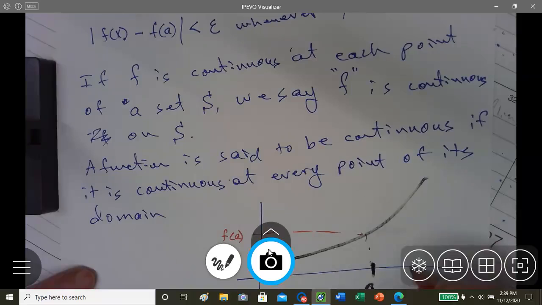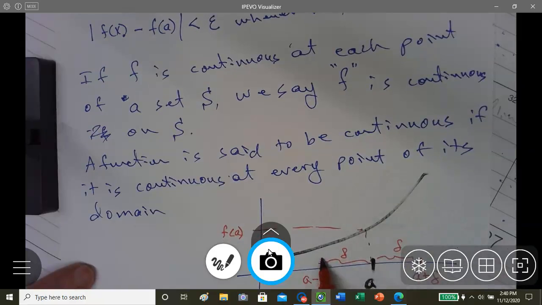Then we have here A plus delta. If this is some value delta, then this will be A plus delta, and same value delta, this would be A minus delta.